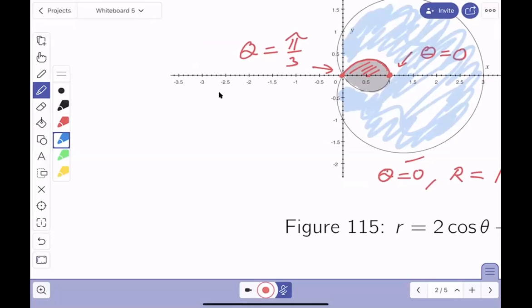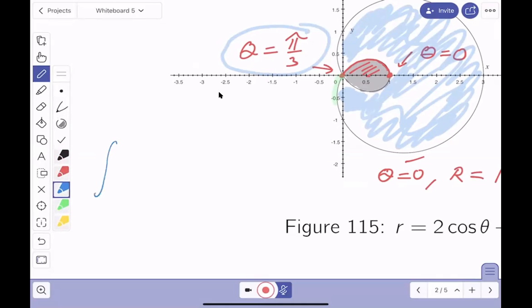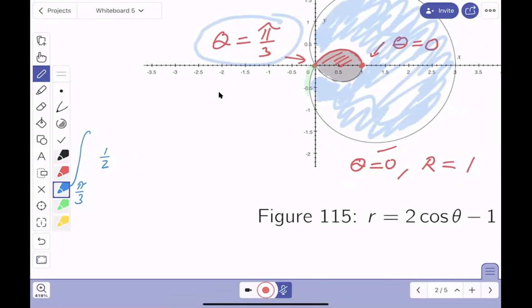Now I did some groundwork over here, right? So I know where the big loop is starting. I know it starts here and it kind of wraps around. So I know in integration land, it's going to be really easy to write down the beginning part of it. It's beginning at pi over 3. I may not know where it ends yet, but I know what the integrand looks like. It's 1/2, right? R squared.